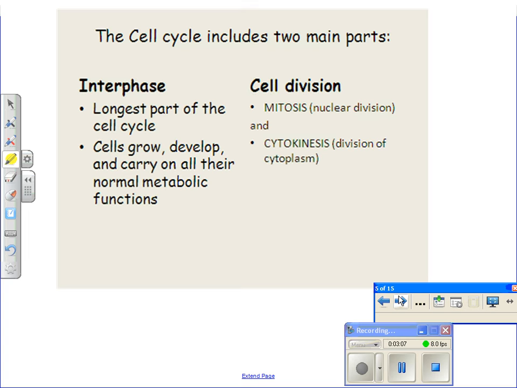Okay, so when we start out, to give a little wording to interphase here, this is the longest part of the cell cycle. The funny thing is, mitosis, although we focus on it as far as the many parts, is actually not the longest part of this whole process. In interphase, the cells grow, develop, and carry on all their normal functions, okay? And also, of course, we're copying that genetic information, which sets us up for our cell division.